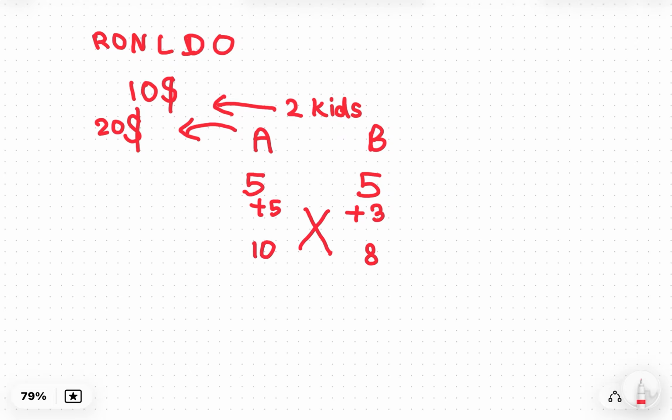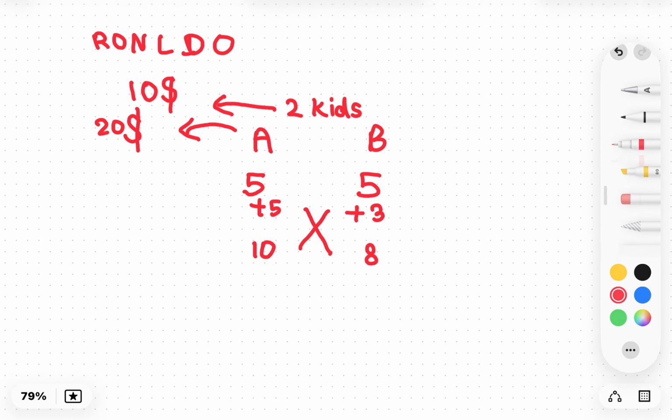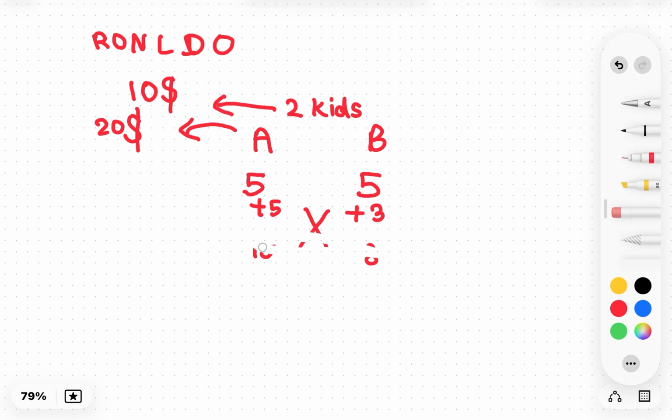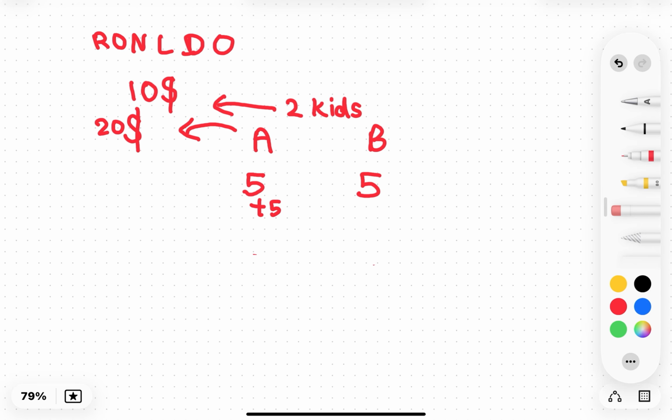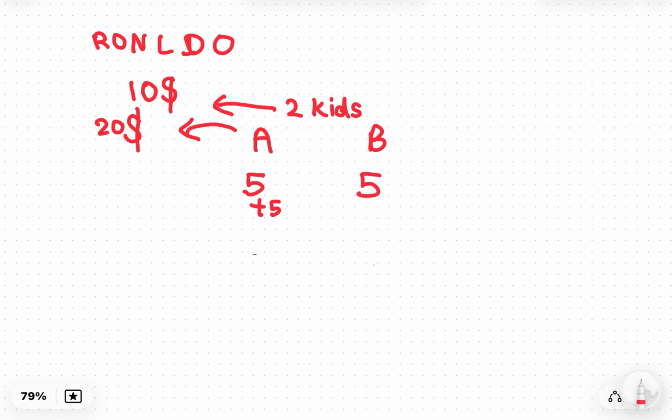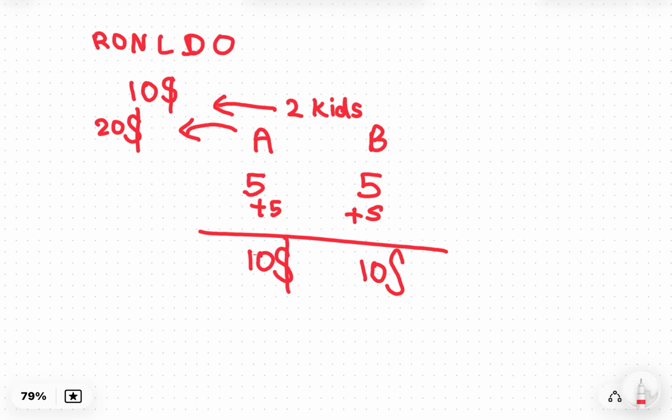No. To maintain equality, he needs to give the same amount of money on both sides. So he gives $5 to kid A and $5 to his second child, B. Then each kid will get $10 each.